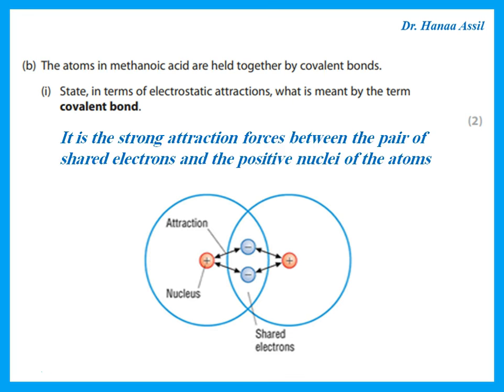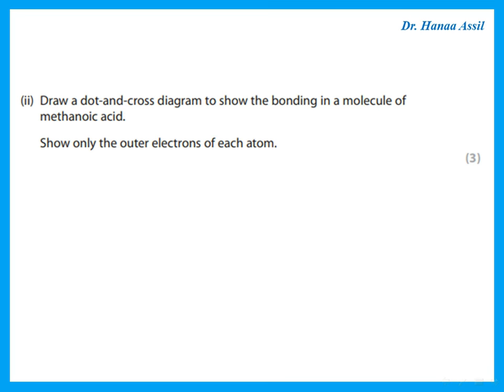The covalent bond is the strong electrostatic attraction forces between the pair of shared electrons and the positive nuclei of the atoms. So the shared electrons are negatively charged. The nucleus of each atom is positive, so there is an electrostatic attraction force between the shared pair of electrons and the positive nuclei of the atoms, both nuclei.